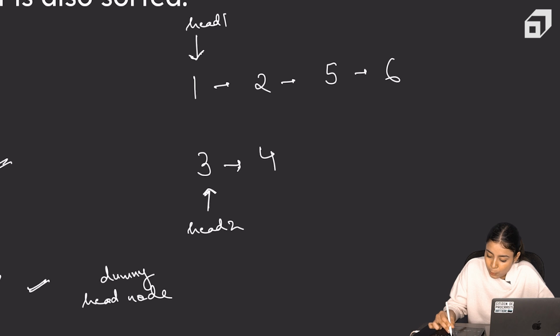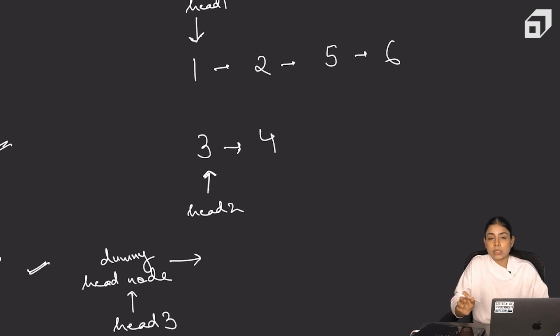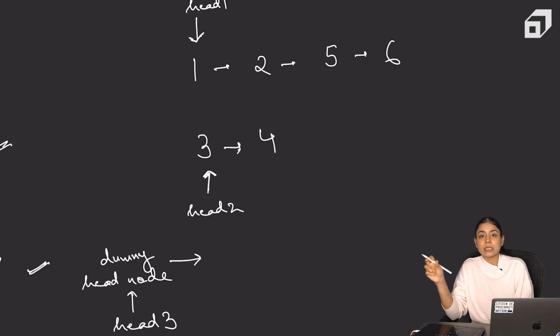Okay, so when we find out from head 1 and head 2 which of these two are smaller values, the smaller value is 1. So in front of the dummy head node, let's also create another pointer, head 3. That head 3 will be used to traverse the combined linked list.